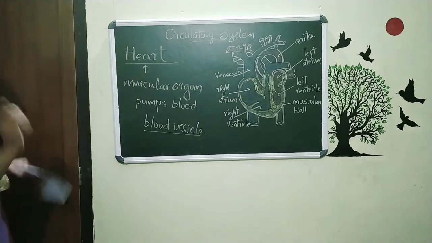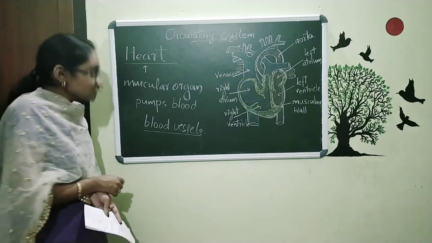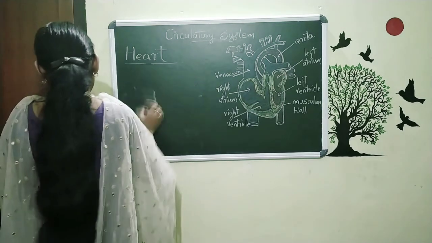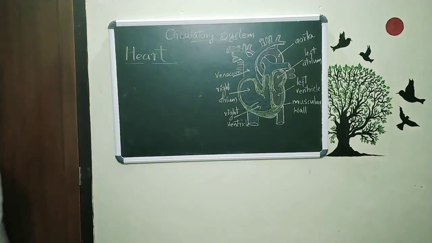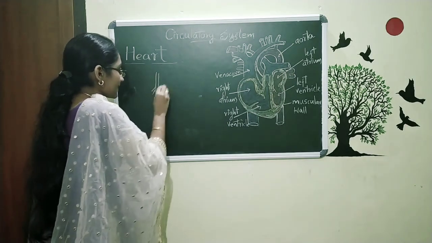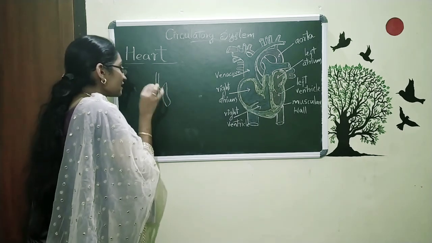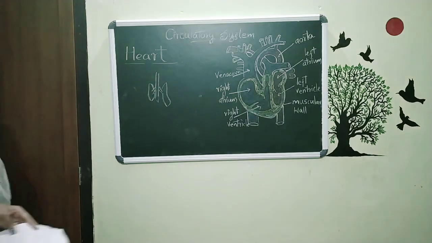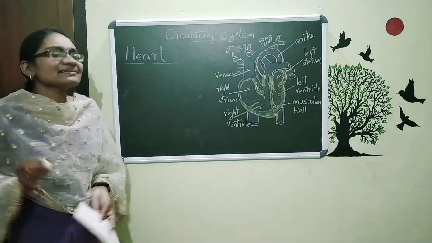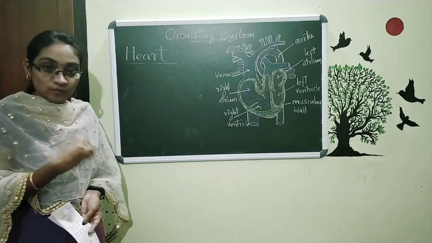The next thing is, where is this heart located, what is the position? The position of the heart in our body is between our lungs. Generally there is a misconception that our heart is located on the left side of our body.